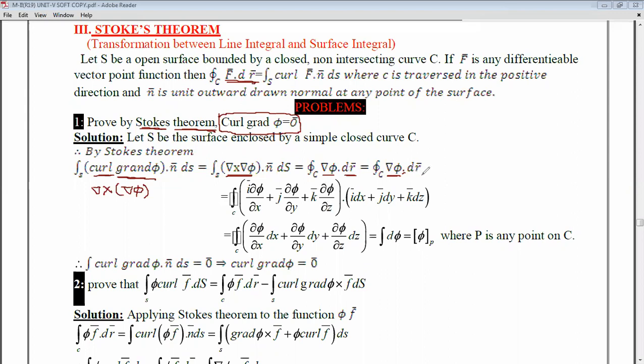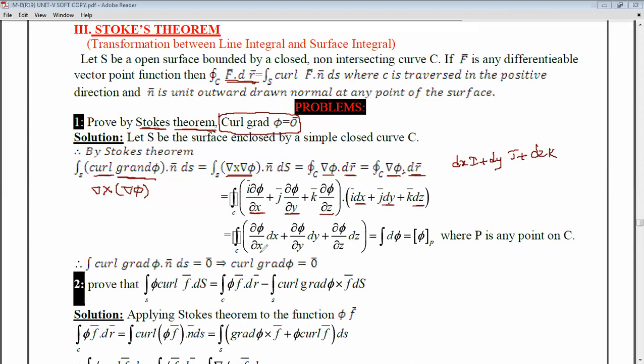And dr bar is nothing but the rate of change of position, so we write dr bar is dx i plus dy j plus dz k. And dot product we are applying between these two. So the dot product is nothing but dou phi by dou x into dx plus dou phi by dou y into dy plus dou phi by dou z into dz.